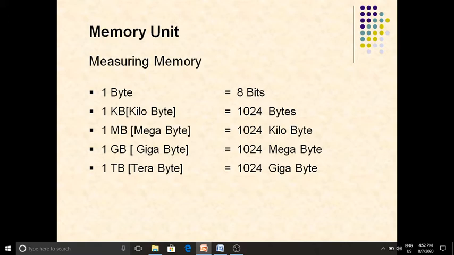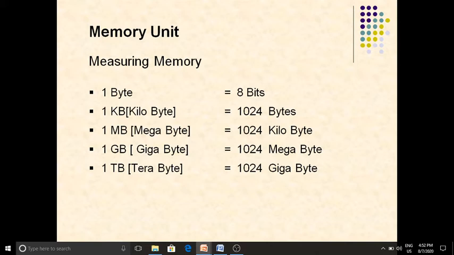Okay, students, we have already discussed in the previous class that a computer is an electronic device. It does not understand the English language, so whatever you enter into the computer will be converted into bits, that is, bits and bytes. Suppose, for example, we take the alphabet small a. The decimal value of alphabet small a is 65.